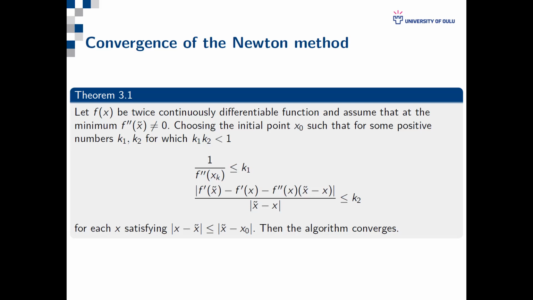Then the algorithm converges, and it will even converge with a quadratic rate, meaning that at every step, the number of correct digits doubles. So if you have an approximation with 4 correct digits, in the next one there are 8 correct digits. So it's a very fast algorithm.